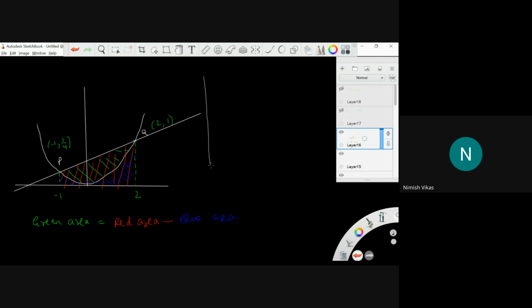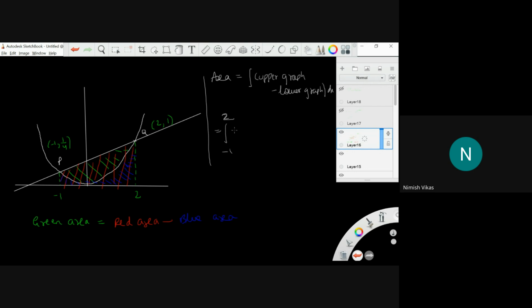So this area will be under the line PQ. So the required area is the upper graph minus the lower graph dx, where we are finding the area from minus 1 to plus 2.